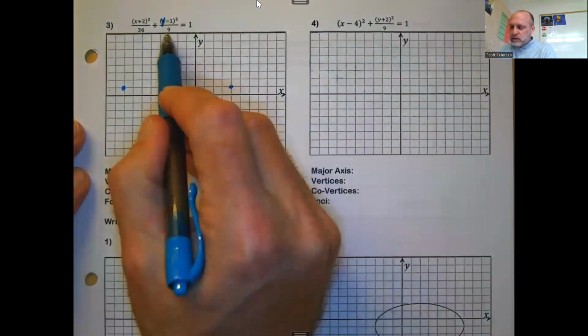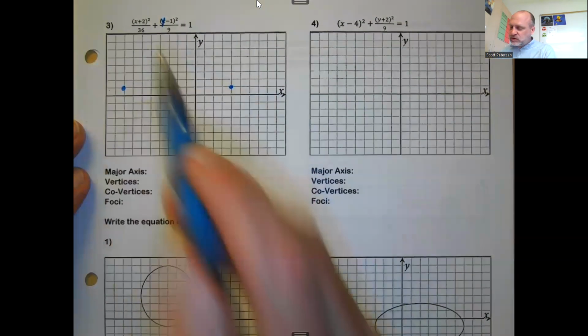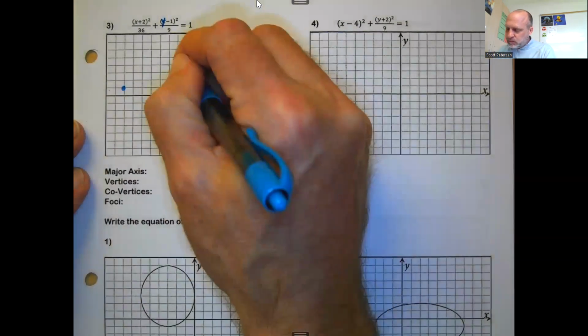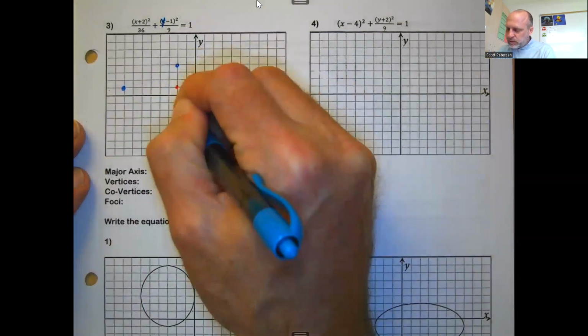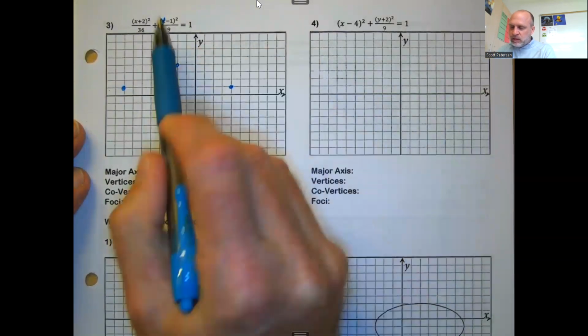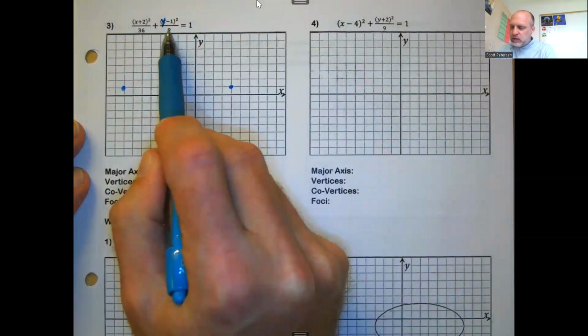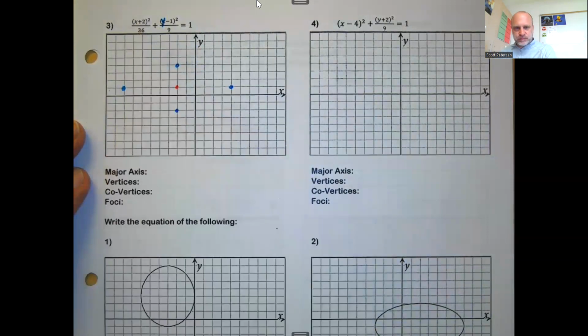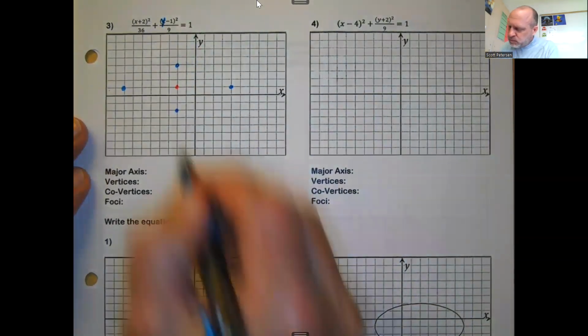Then I'll look at square root of 9, which is 3. So I'm going to go up 3 and down 3. Again, the y tells me it's up and down. X tells me left and right. From here, I get to sketch my ellipse.